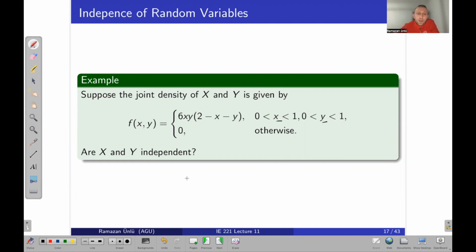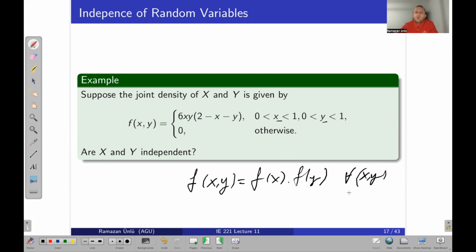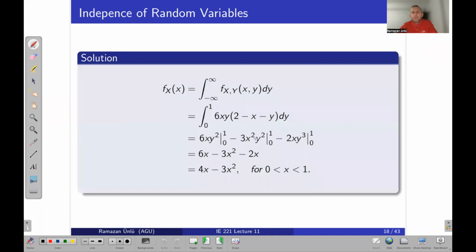Well, we know that f of x and y should be equal to f of x times f of y, right? So that's for each x and y. To answer this question, I need to first calculate the f of x and f of y. So how can I find the marginal PDF of x?